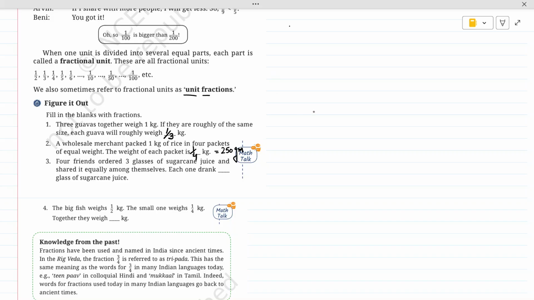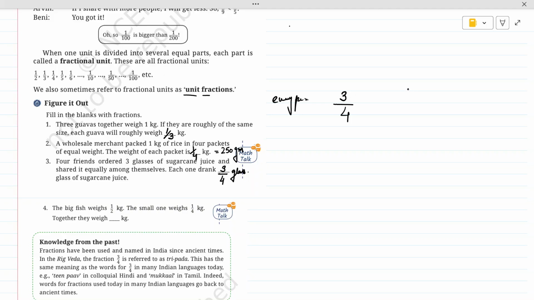So total number of glasses are 3 here, and total number of people who want to share is 4. So every person will get 3 by 4 of the glass.